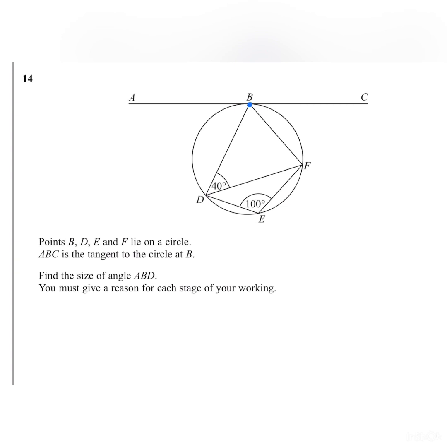So ABD is this angle over here, and it says you must give a reason for each stage of your working. Okay, so looking at the diagram, we have a cyclic quadrilateral, a four-sided shape in a circle, and the opposite angles add up to 180 degrees.